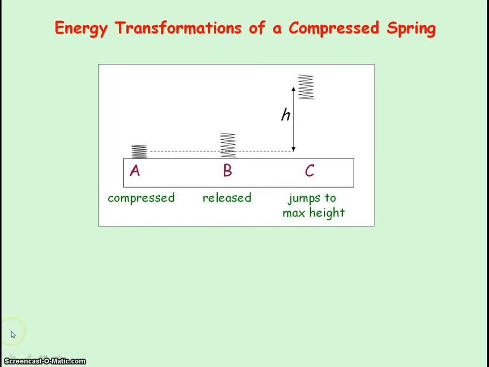If we look at the energy transformations for a spring that is initially compressed, then released, and then jumps to maximum height h, the elastic potential energy of the compressed spring is converting into kinetic energy when it's released, which is then converting into gravitational potential energy as the spring gains height.